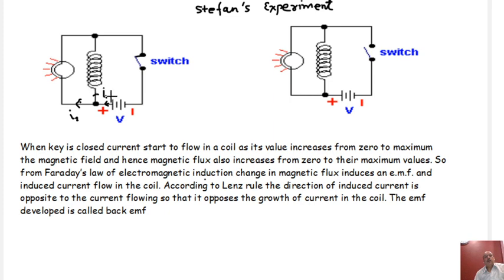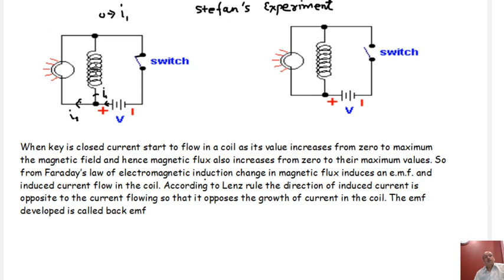That is, in the coil it is I1, so the current change in the coil is 0 to I1. Because of this change in current, there will be a change in magnetic flux, and if there is a change in magnetic flux, there will be a production of induced EMF.